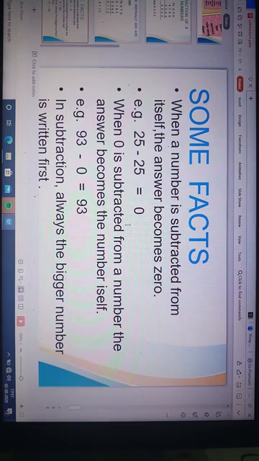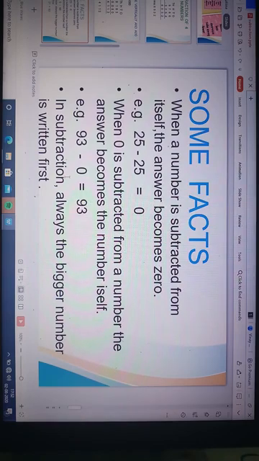Second, when 0 is subtracted from a number, the answer is the number itself. For example, 93 minus 0 is equal to 93.